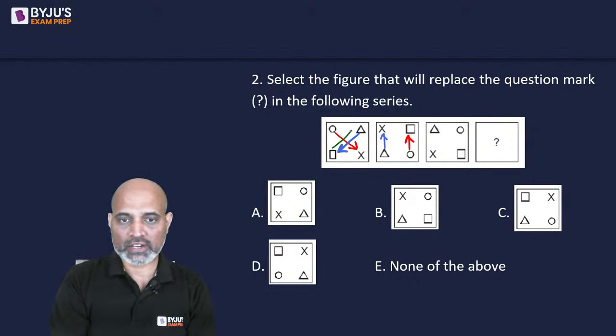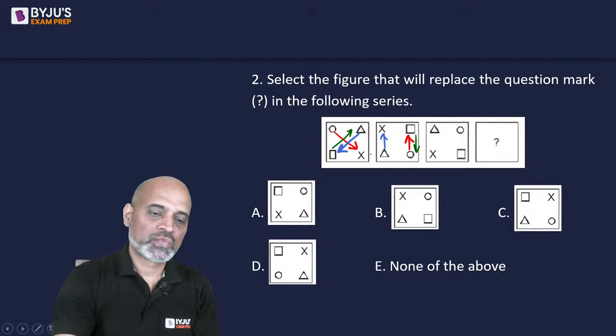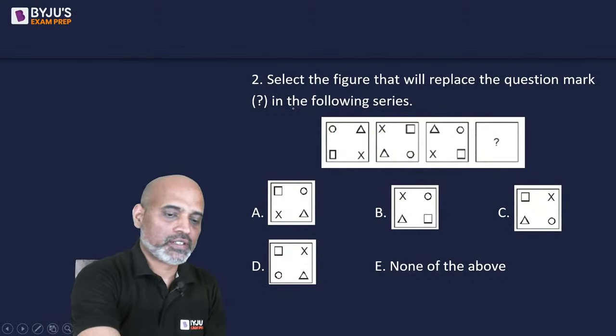Square goes across and then it goes clockwise. And the multiplication... ये थोड़ा मुश्किल हो जाएगा, right?